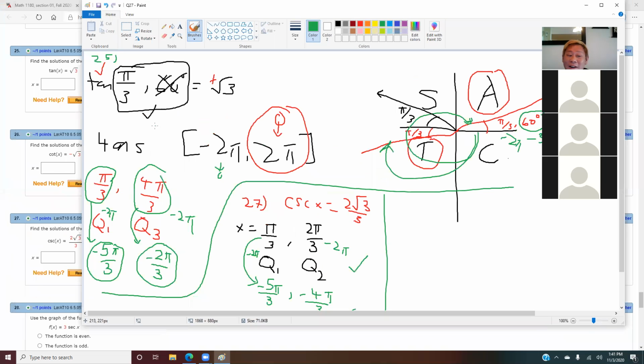And what we are doing here is called the inverse function.